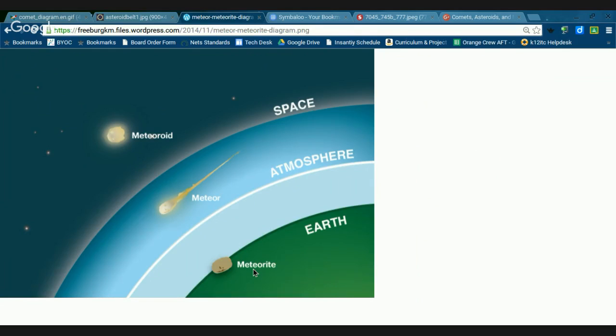The other thing to note about a meteorite is that when they hit the Earth, sometimes they leave behind those indentions known as craters. They don't always, but the larger ones do.